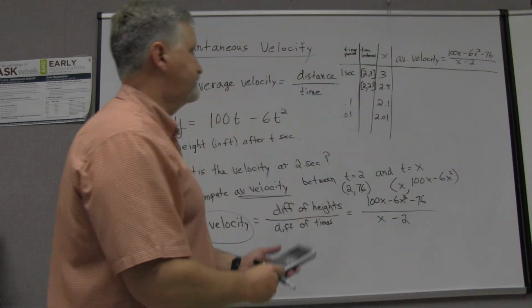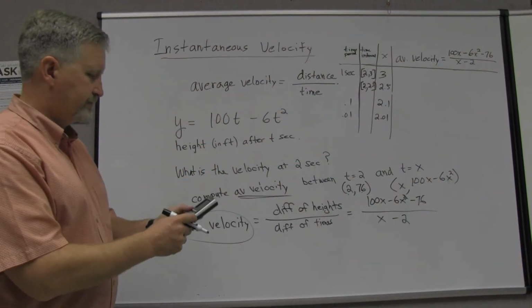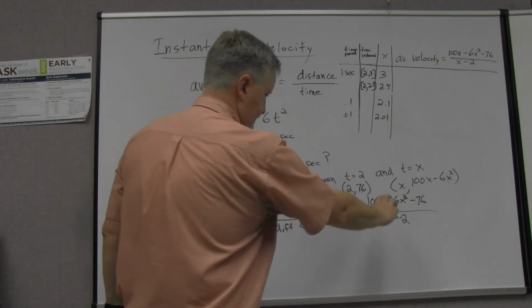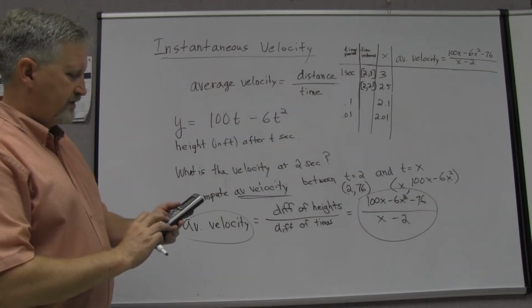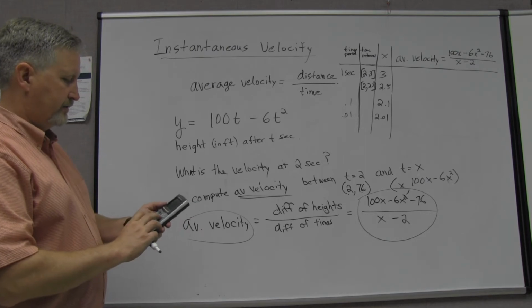All right, finishing up here. So then, what I would do is figure out this difference of the heights over the difference of the times, and just plug that in the calculator and let it do your work for you there.